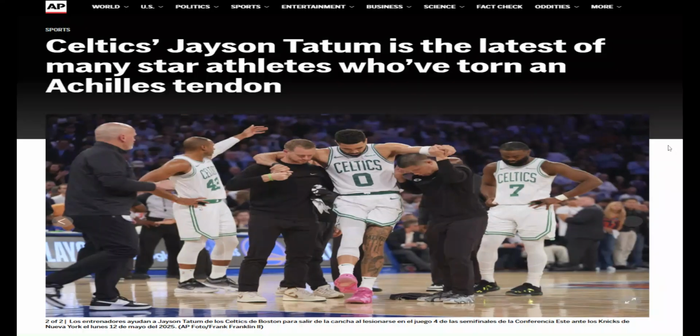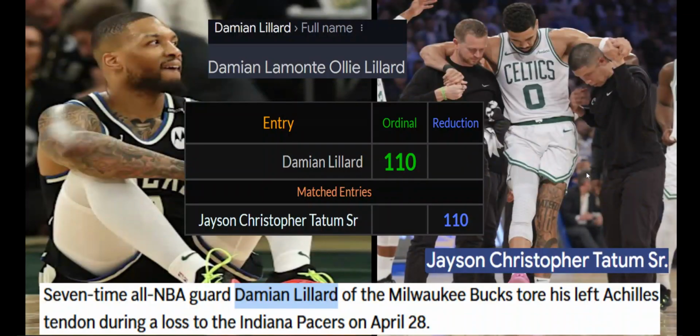So let me show you. Well, look, in our article here, they're telling us that 7-time All-NBA guard Damian Lillard of the Bucks tore his left Achilles tendon during a loss to the Pacers. This was just like a couple of weeks ago, April 28th.